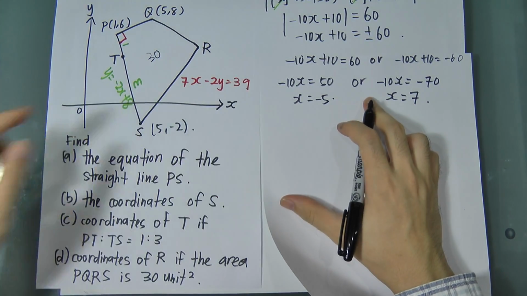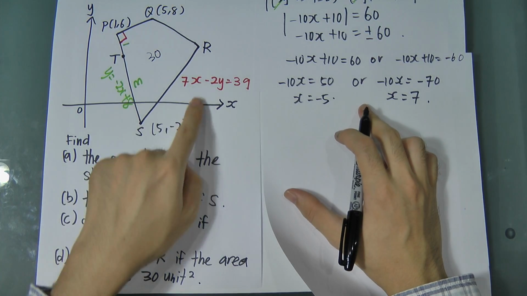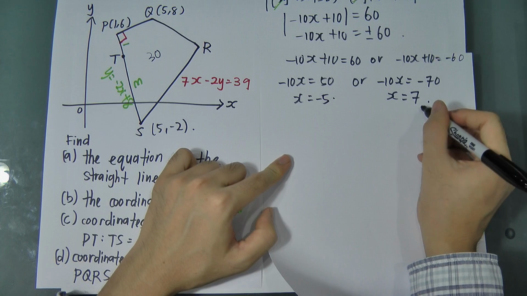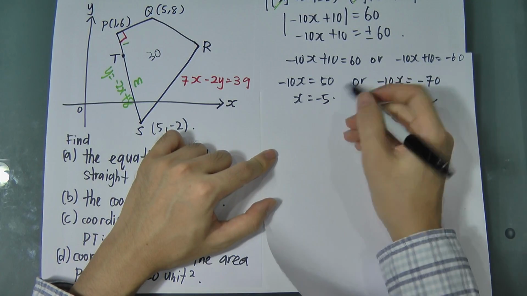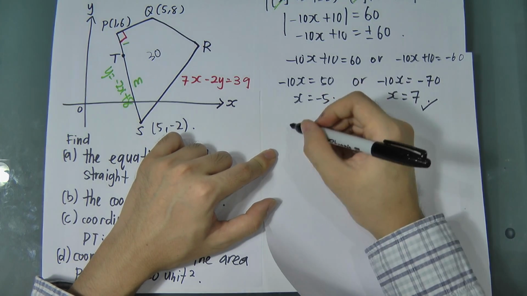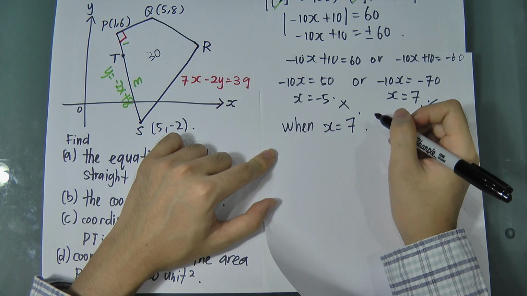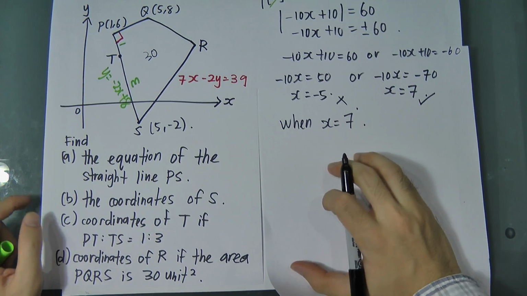Because you want to find coordinate R, you know x is impossible to be a negative value. So we only take the positive value, because negative 5 is on the other side. I'm not going to take this one. So when x equals 7, I'm going to substitute back into either equation to find my y.